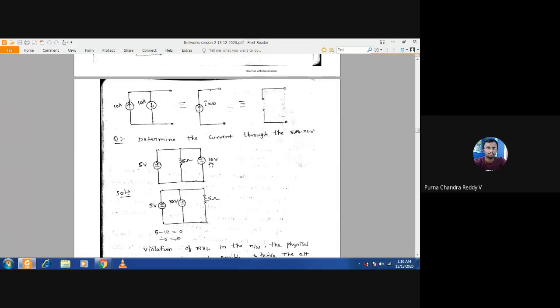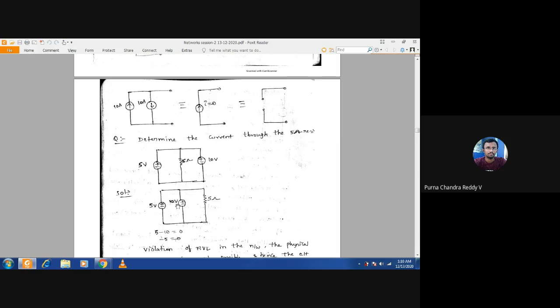In parallel, what is the same, whether current or voltage? Tell me completely. Voltage, sir. Voltage is the same, but what happens here? Here two voltage sources are connected in parallel, but they are not the same. The voltages are not equal. Here it is 5 volts, here it is 10 volts.